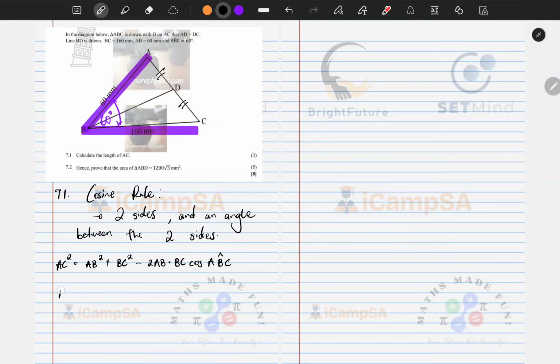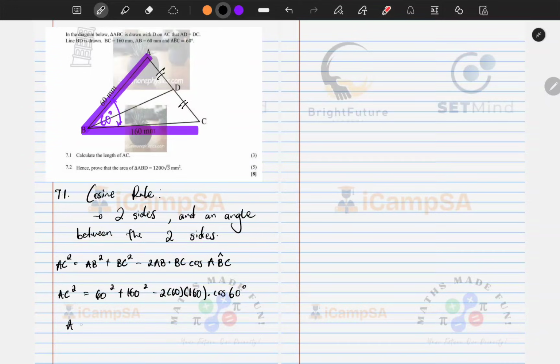So this is going to be your AC squared is equal to, what is AB? AB is going to be your 60 squared plus 160 squared minus 2 times 160, times 60, times your cos of angle 60, right?